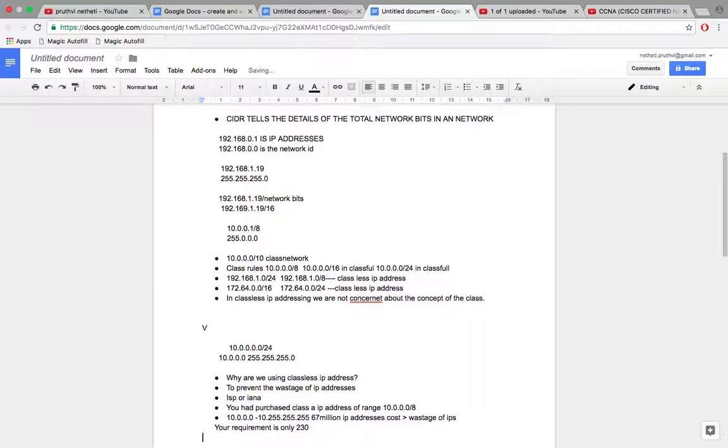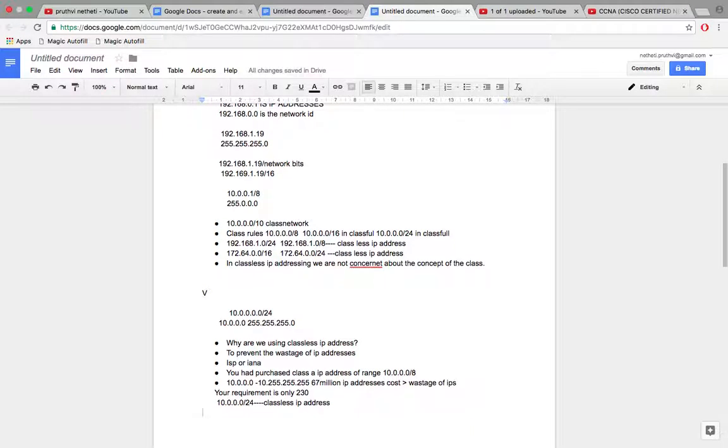So now what I did is I went to IANA and I asked for IP addresses in the range of 10.0.0.0/24. So when I take 10.0.0.0/24, it is a classless IP address. Have a look carefully. 10.0.0 is your network ID, right?